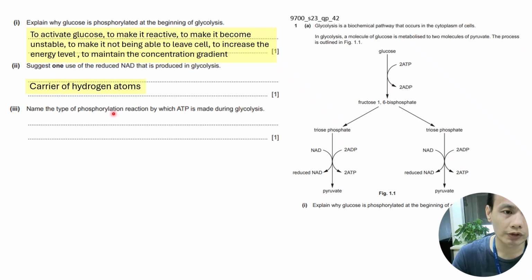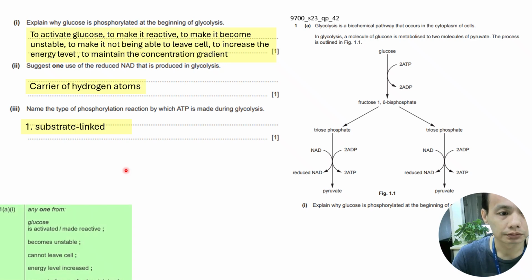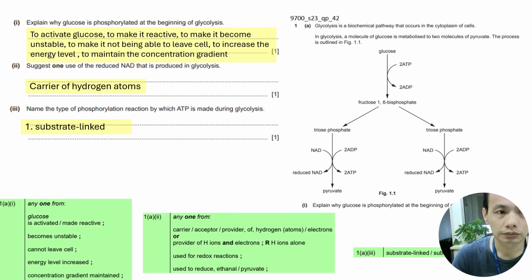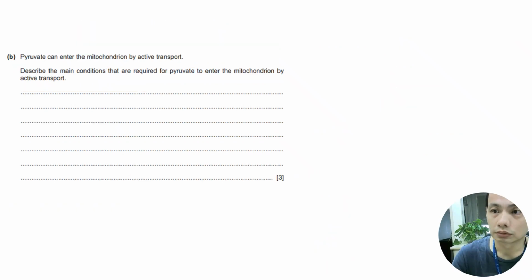Okay. Name the type of phosphorylation reaction by which ATP is made during glycolysis. Remember, glycolysis is outside the mitochondria, in the cytoplasm. So this type of phosphorylation is substrate-level phosphorylation. Okay. So pyruvate can enter the mitochondria by active transport.